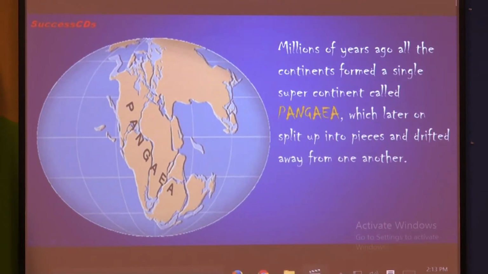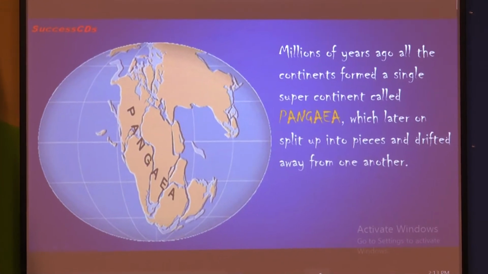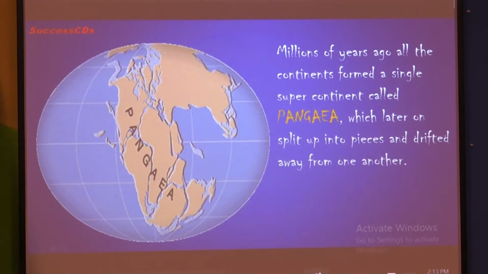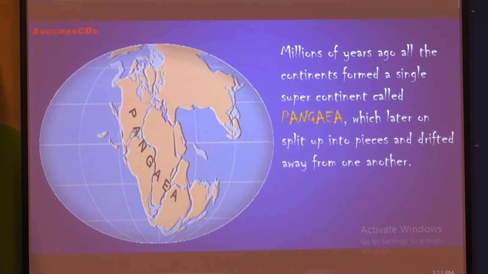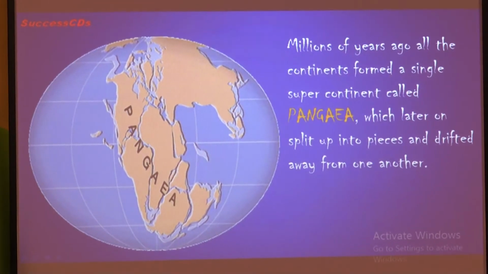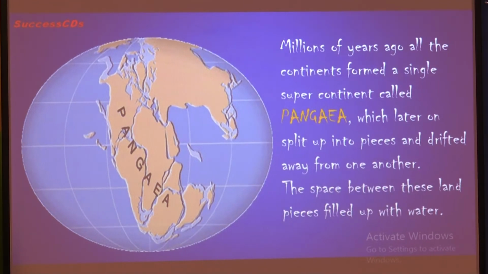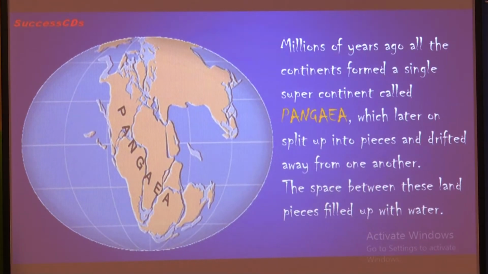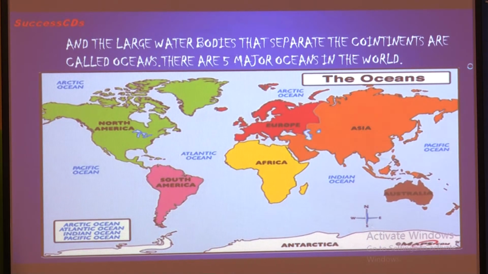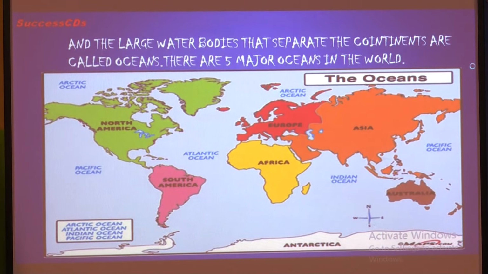Millions of years ago, all the continents formed a single supercontinent called Pangaea, which later on split up into pieces and drifted away from one another. The space between these land pieces filled up with water, and the large water bodies that separate the continents are called oceans.